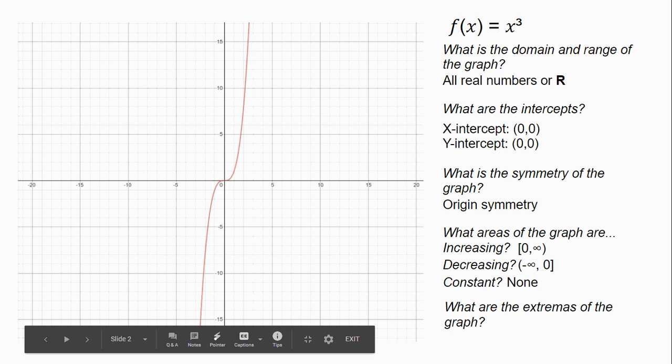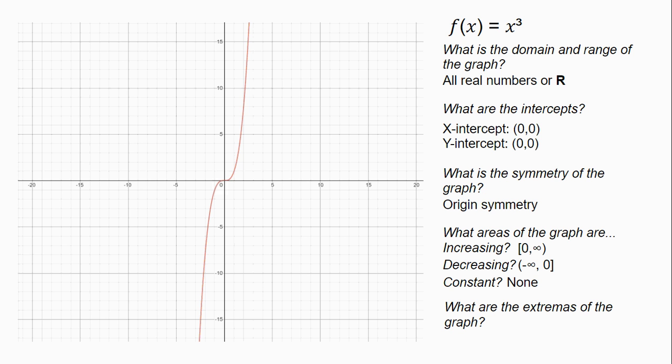What are the extreme ones? None. Yes. Okay, does anyone know what minus x cubed might look like?